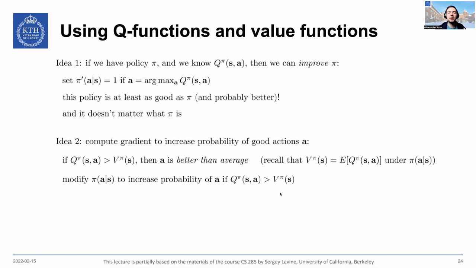A lot is built on these ideas in reinforcement learning. One lies in the foundation of Q learning methods, and the other lies in policy gradient methods and actor-critic methods.